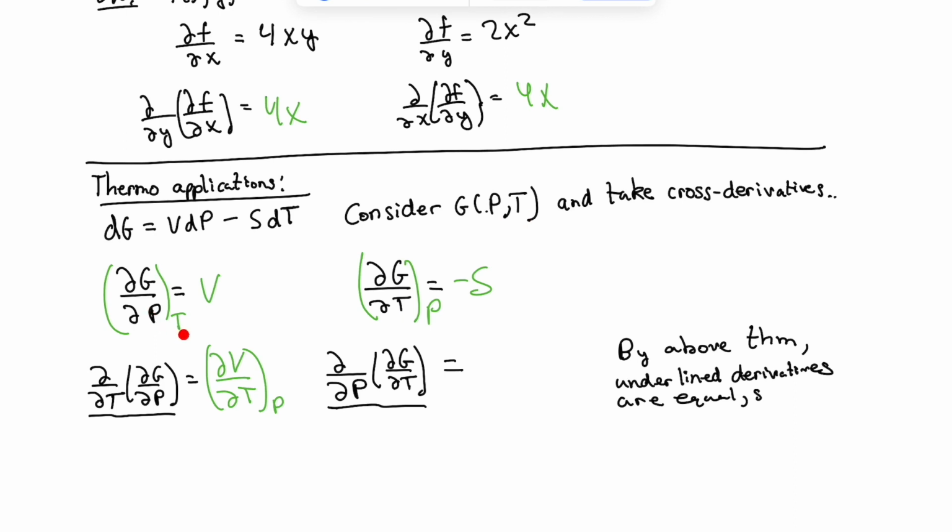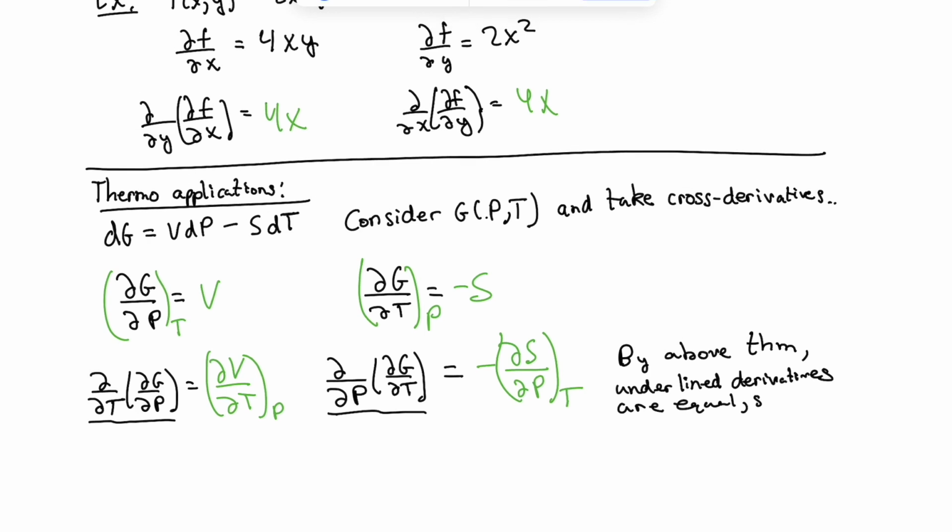So when I take a derivative with respect to pressure, I need to hold temperature constant. When I take a derivative with respect to temperature, I need to hold pressure constant. So this is dV over dT at constant pressure. This here, again, is negative S. And I'm going to take d over dP of that. So that's going to give me negative dS dP. And again, since I'm taking derivatives with respect to pressure, that means I need to hold temperature constant there.